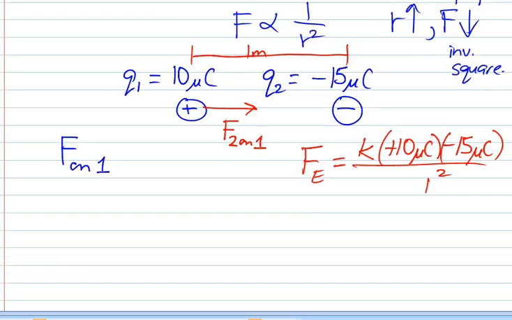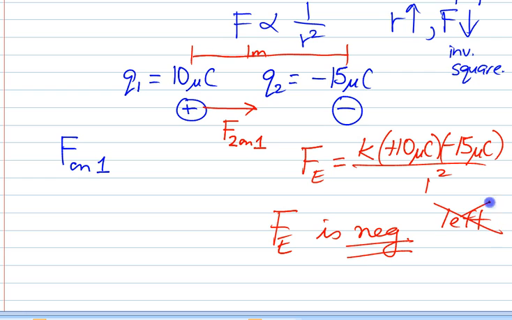Well, what's going to happen here is that I'm going to get a negative value for the electric force. And you have to be careful, because if you think, well, it's a negative value for the force, that means that it has to be going to the left, you're going to be wrong. Because if we look at our diagram, the diagram tells us that this positive charge Q1 will be attracted, or going to the right, towards Q2.